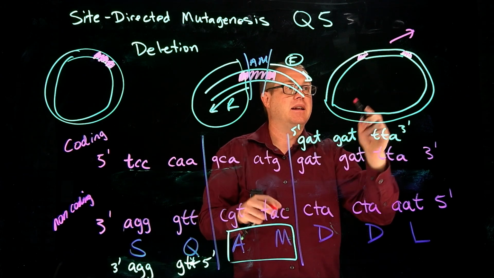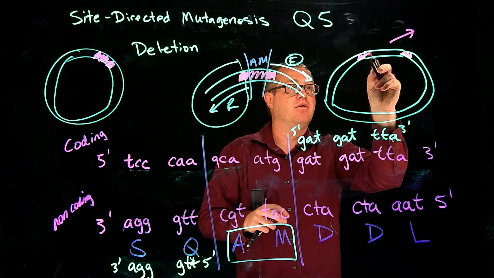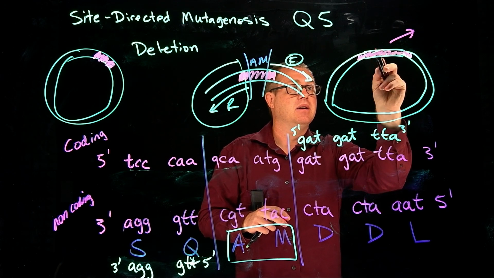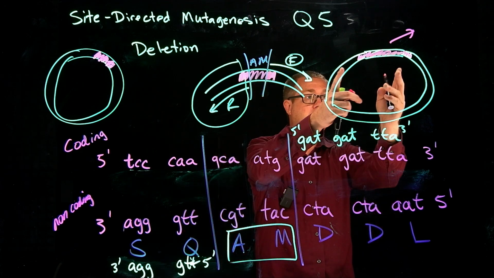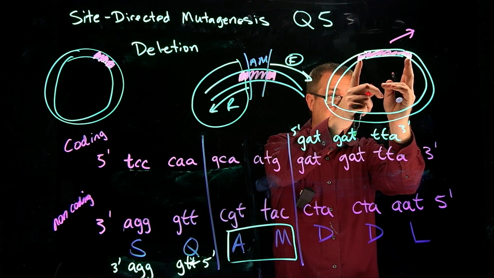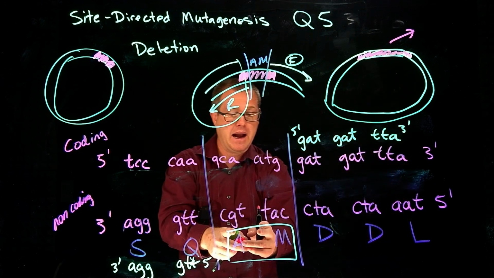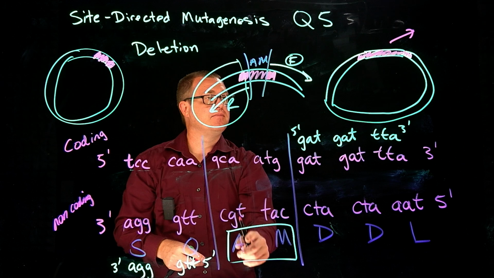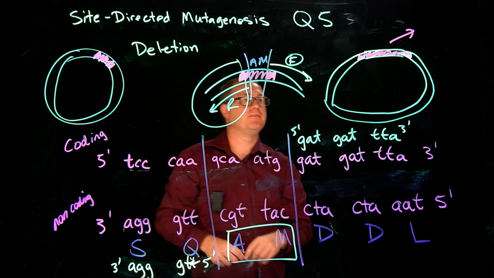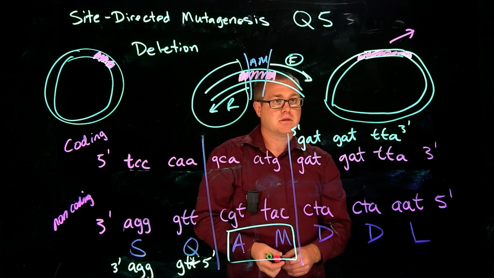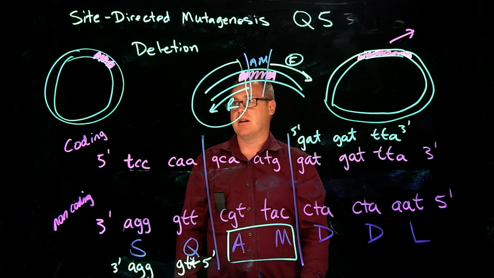And when you ligate your linear DNA to form your circular plasmid, now you have the gene of interest in the plasmid minus this part. Okay? So that's what's happening in the PCR reaction.